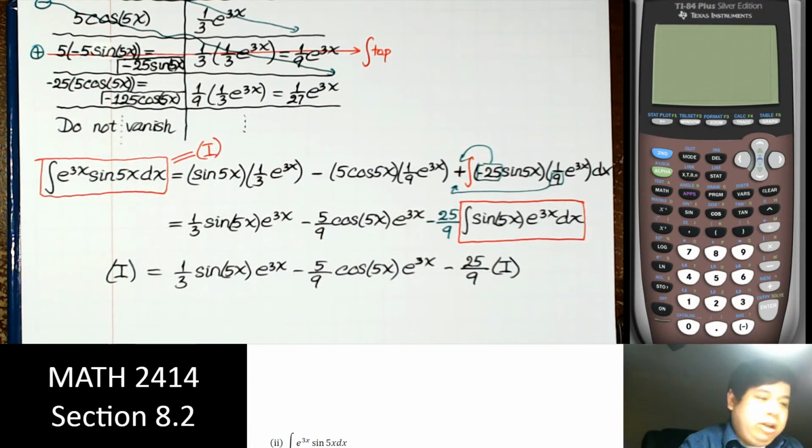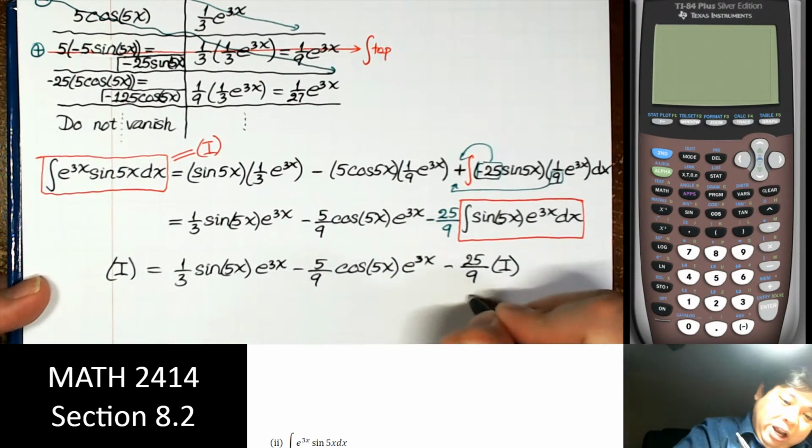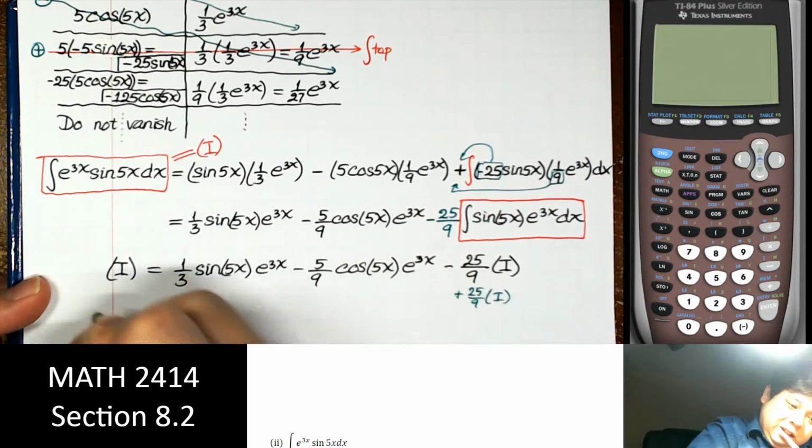Right. So that's the beauty of it, or the trick of it. Now what we do is we solve for I. So we're going to add 25 over 9 I on both sides.